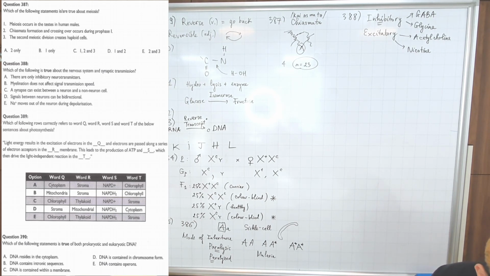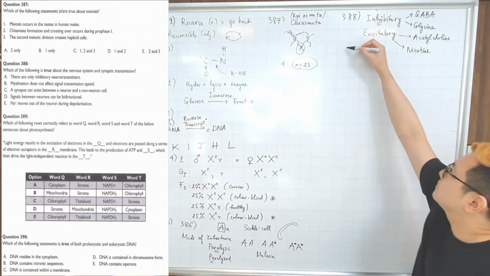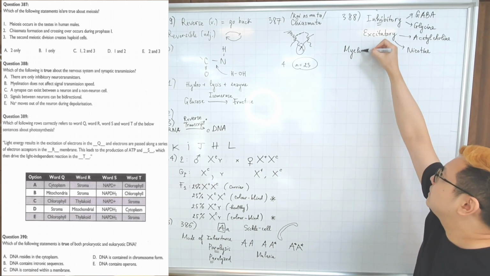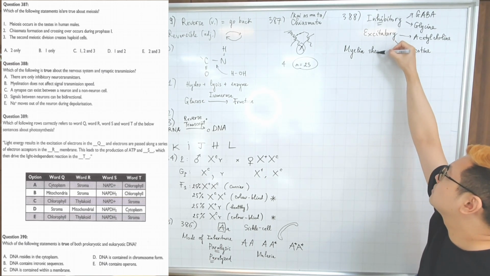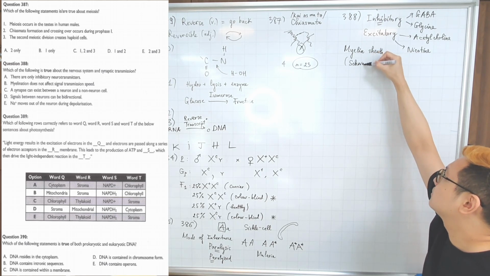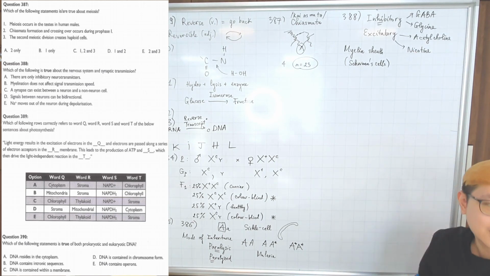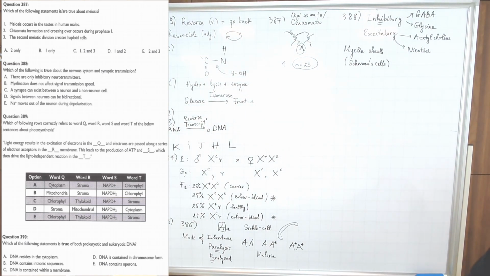B. Myelination means the formation of the myelin sheath, or we call it made from Schwann cell. Myelination does not affect signal transmission speed.